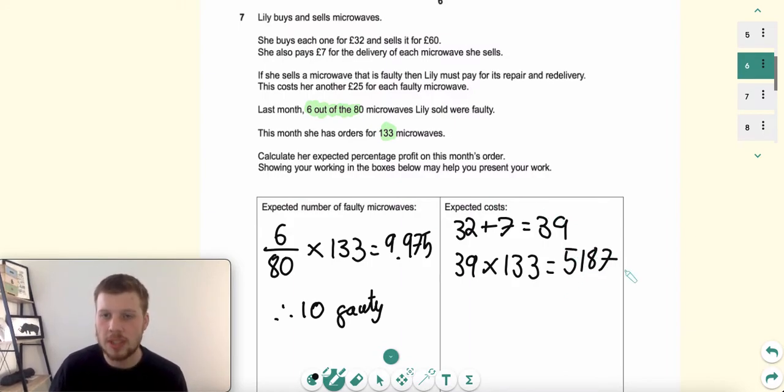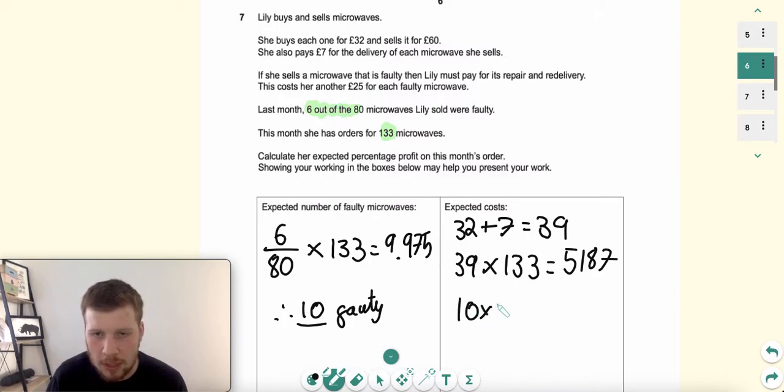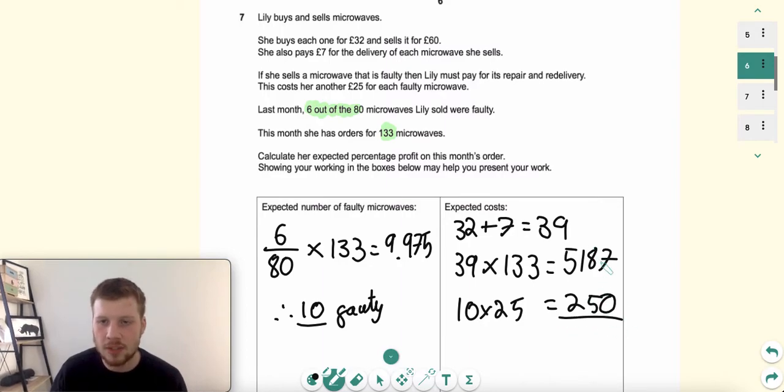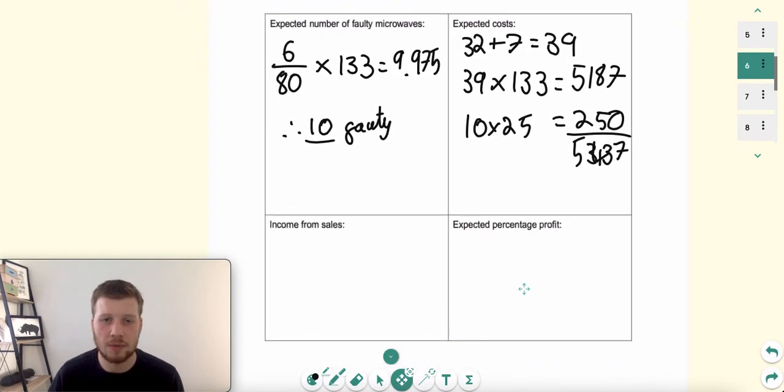So that's how much she spends on just the microwaves and delivering them. She also needs to spend for the 10 faulty ones, which are £25 each. So 10 multiplied by 25 is 250. So finding the sum of these is going to be 5437. So therefore the total she spends is 5437.